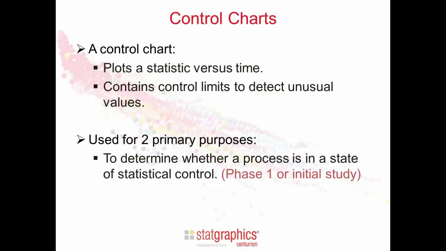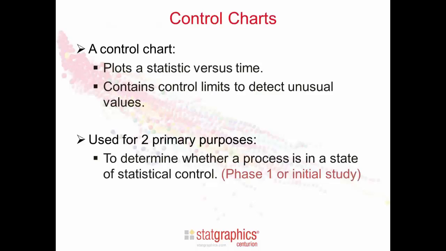That means that the basic mechanisms and the distribution of whatever data you're looking at hasn't changed. That the process is behaving exactly the same on Monday morning as it is on Friday afternoon. That's typically called a phase one control chart or an initial study.